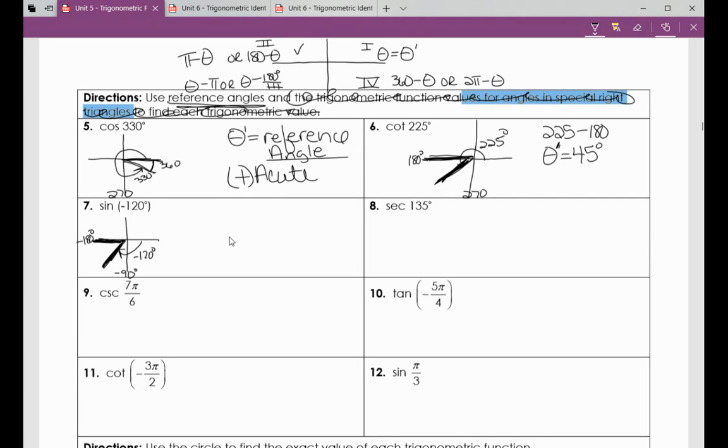So I'm going to take negative 120, and I'm going to subtract negative 180 from it, which gives me positive 60. Positive 60 is acute, and of course it's positive. Reference angles have to be positive acute angles.